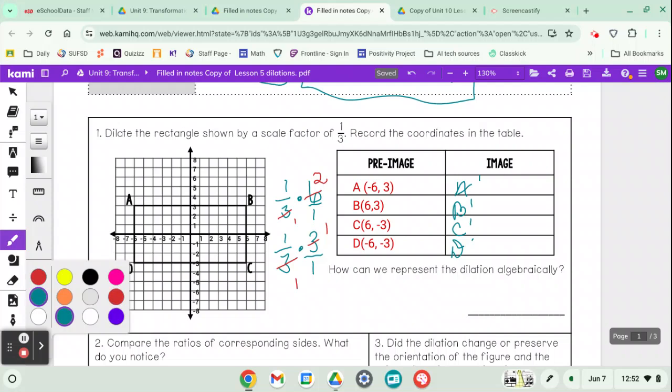So A prime, the coordinate, is going to have -2 in the x position. 1/3 times 3 is equal to 1. That belongs in the y position. Since all of these points were just 6's and 3's, complete the table and put the proper signs.